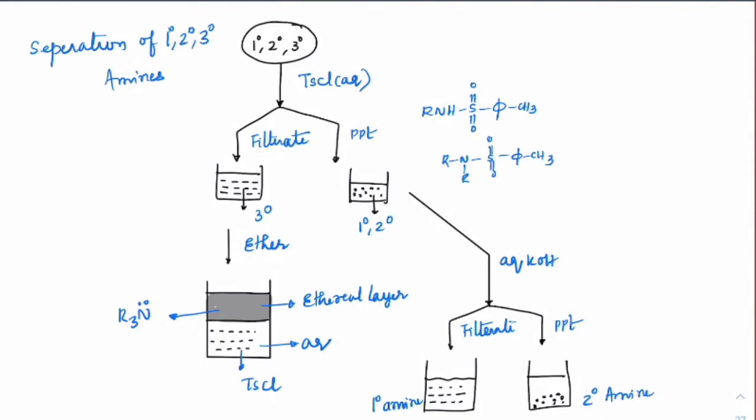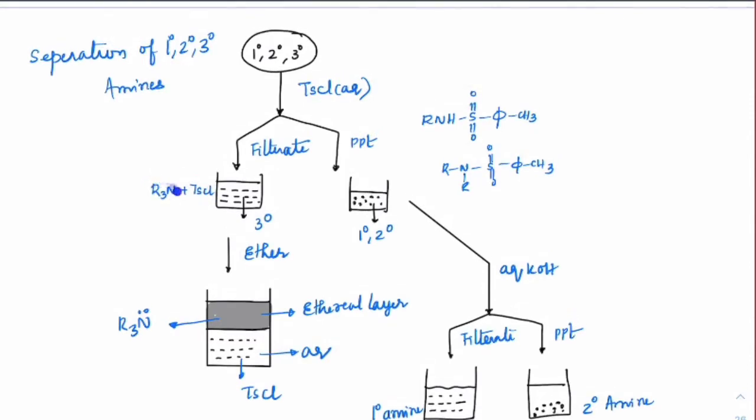Both of them are white precipitates. So these can form here. In tertiary, nothing will happen. R3N will remain the same, TsCl will remain the same, and in the aqueous solution which we are taking, R3N will be mixed here, and we can remove that as a filtrate.